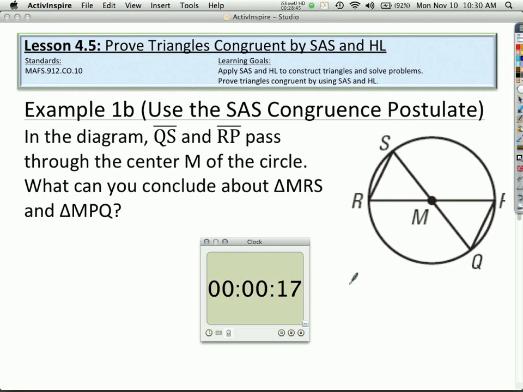And angle QMR is equal to angle SMR because of both angles.